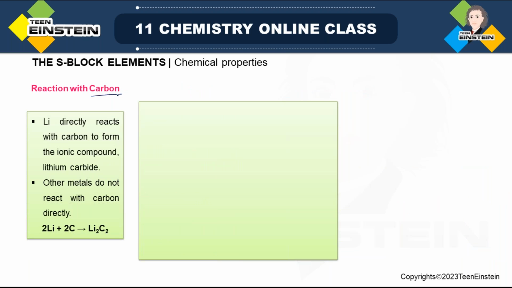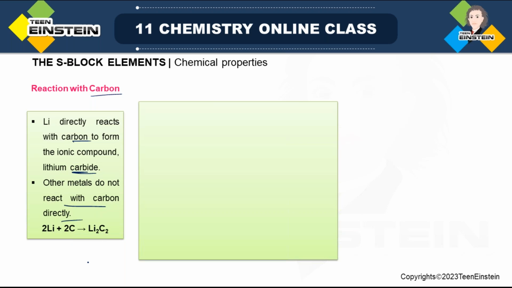Reaction with carbon. Lithium directly reacts with carbon and they form ionic compound lithium carbide. But for other metals, there is no direct reaction with carbon. So again, you are seeing one property of lithium where it is behaving differently. That is, its behavior is not similar to the other metals, because other metals are not reacting, but it is reacting. Fine. So when it is reacting with carbon, it is forming carbide.